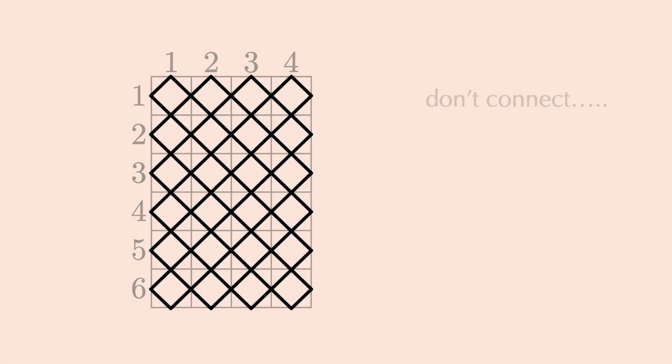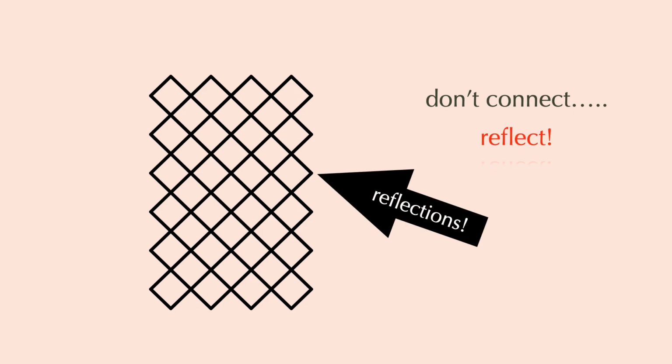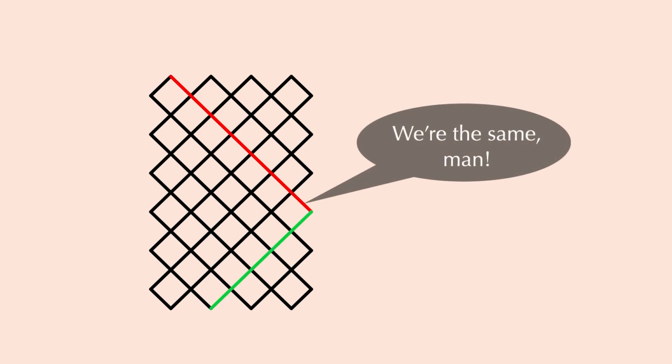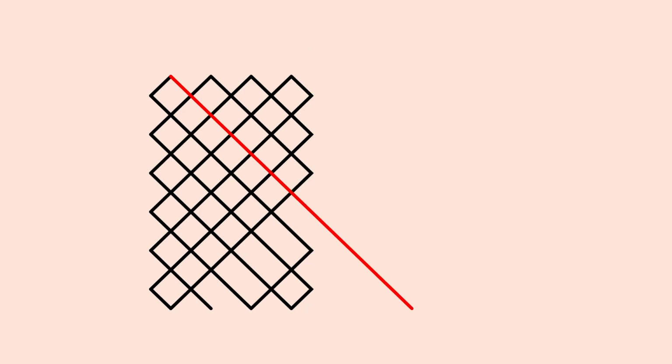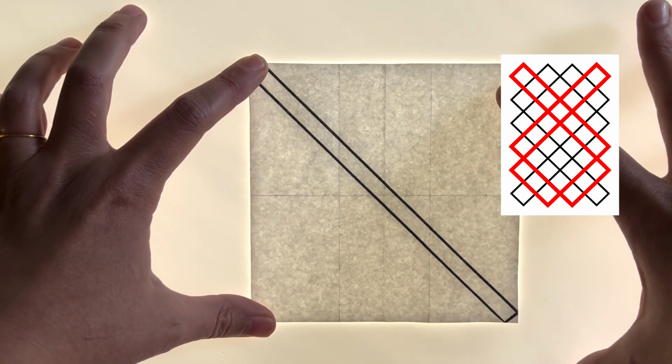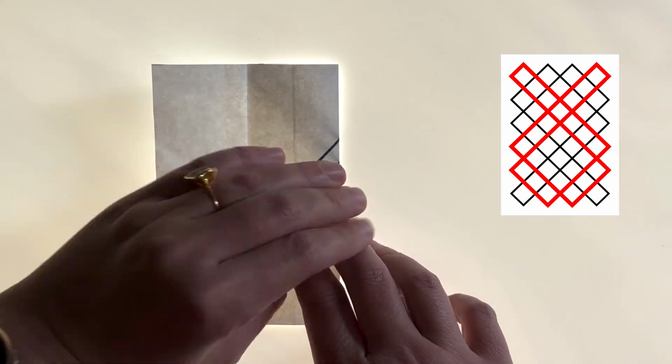So, instead of connecting midpoints of line segments, I want you to view each of the pointed bits as reflections. For example, I don't want you to think of this line here and this line there as different lines, but as the same line reflected about this axis. In that sense, the loop in red is just one big diagonal loop, but reflected 3 times.